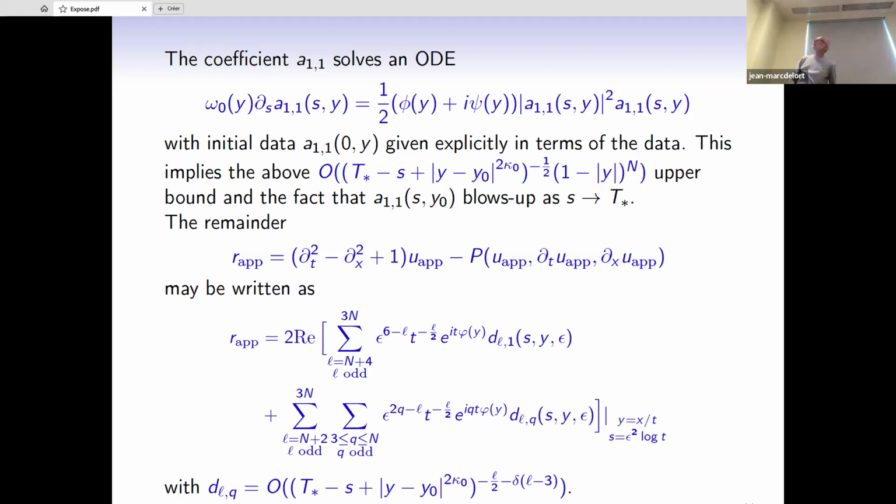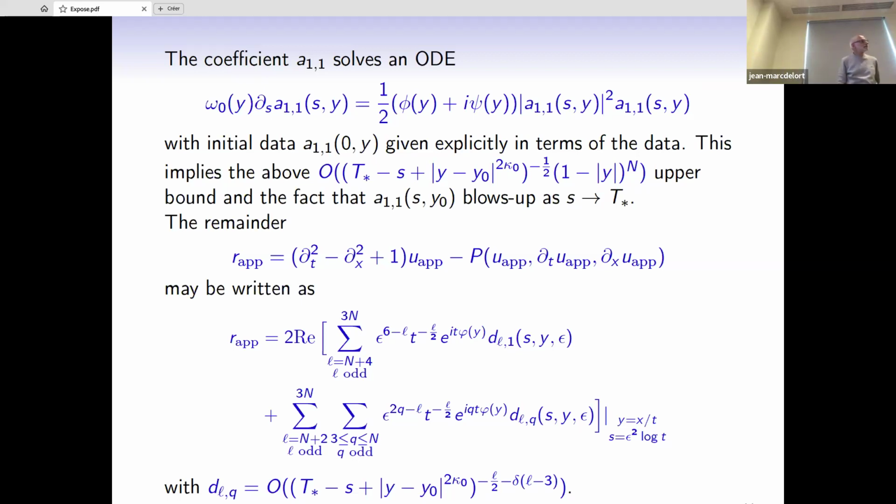Y0 was a point where the maximum of the expression giving 1/T star was reached. But what is important is what happens at y equals y0. And this upper bound is optimal, that is A11 of 0 does blow up at time like T star minus S to the minus 1/2.